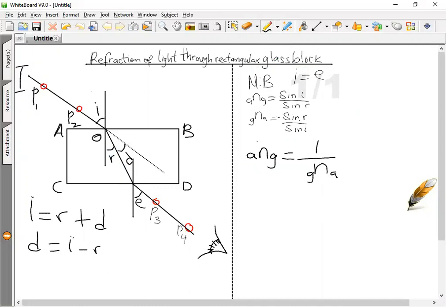If you can remember. Now, let me bring this value and this value into this and this.